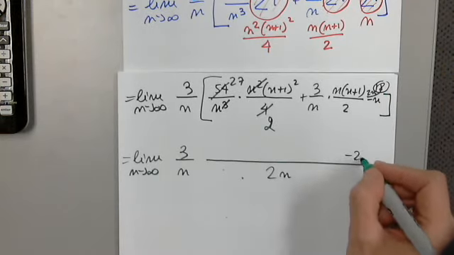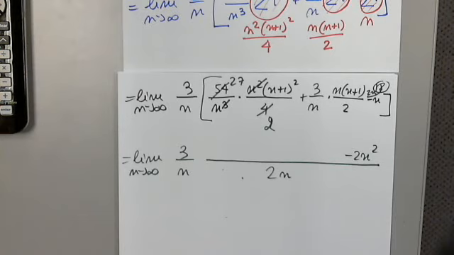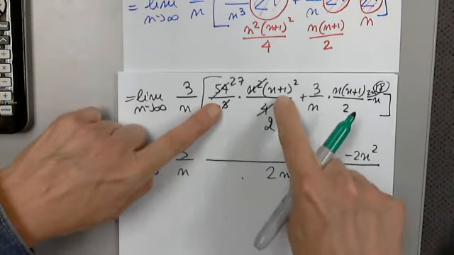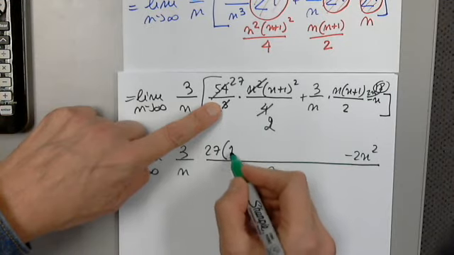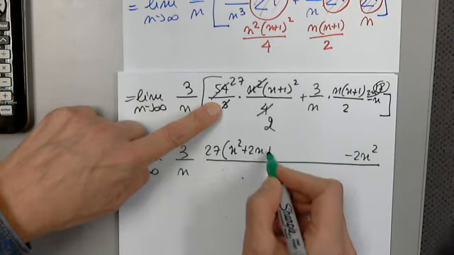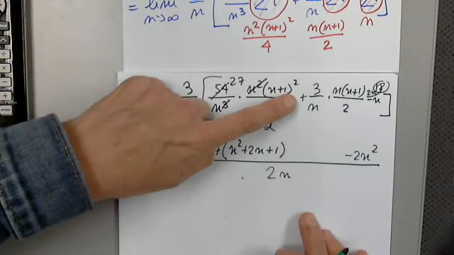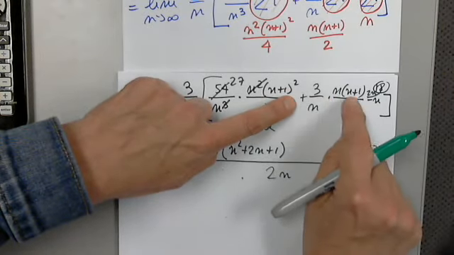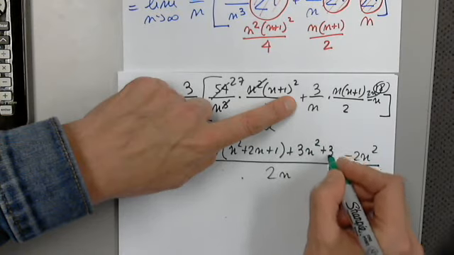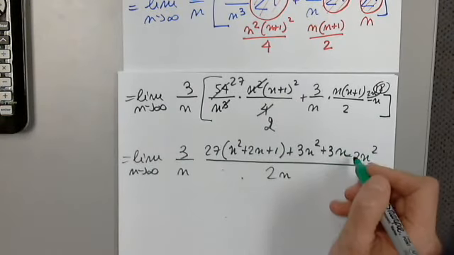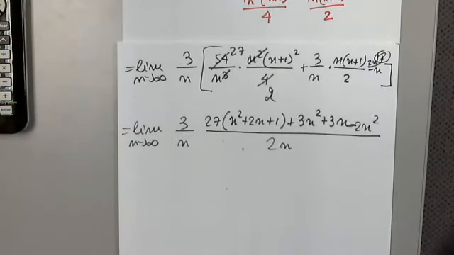And that will be negative 2n squared at the end. I have to square this and distribute 27. Let's write 27 and in parentheses n squared plus 2n plus 1. Here I have to distribute 3n inside. So plus 3n squared plus 3n. And then minus 2n squared.